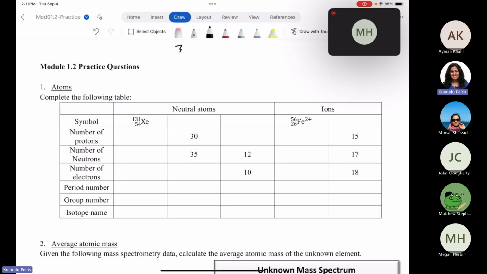If I consider an atom like this, N, whatever is given on the top is the mass number. On the bottom, we'll have the atomic number.